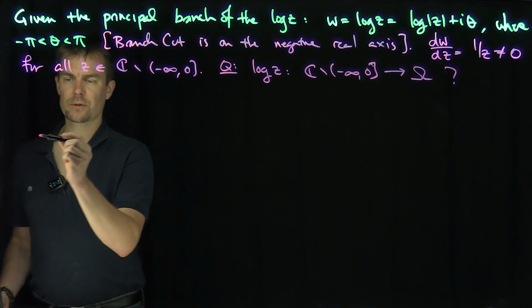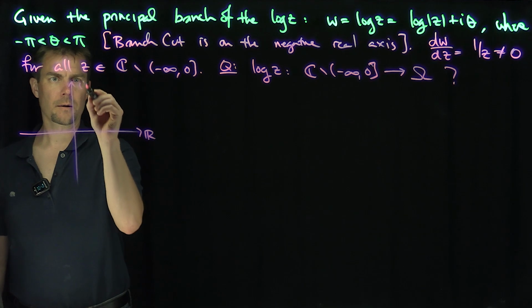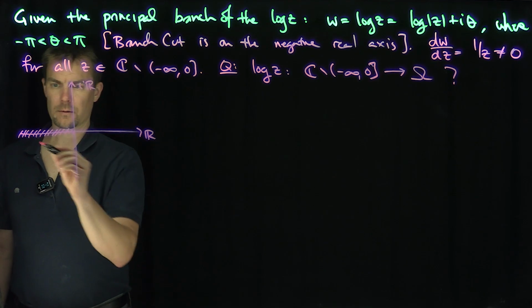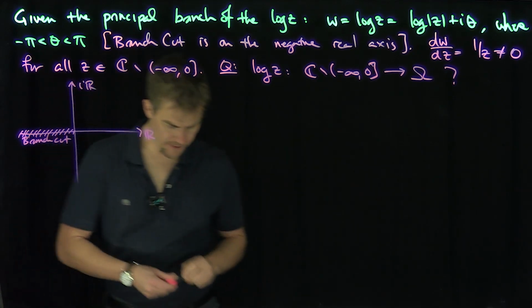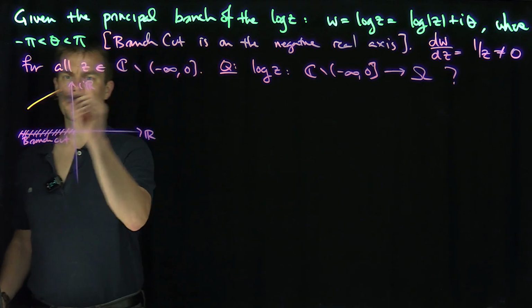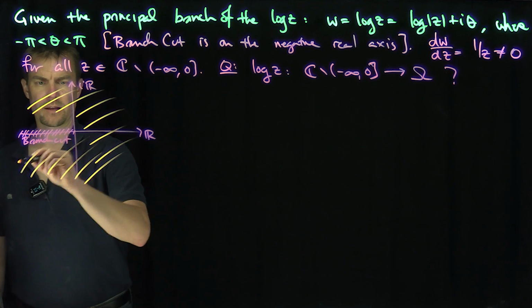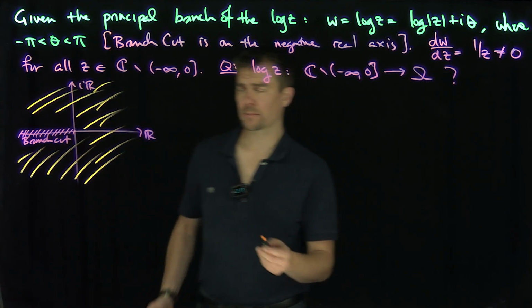Here's the complex plane, R, I, R, and here's our branch cut. I can't have those values. I'm asking the question though, what if I look at the whole complex plane aside from that branch cut, like this, the whole complex plane. Where's the logarithm going to map this to? Okay, that's a good question.